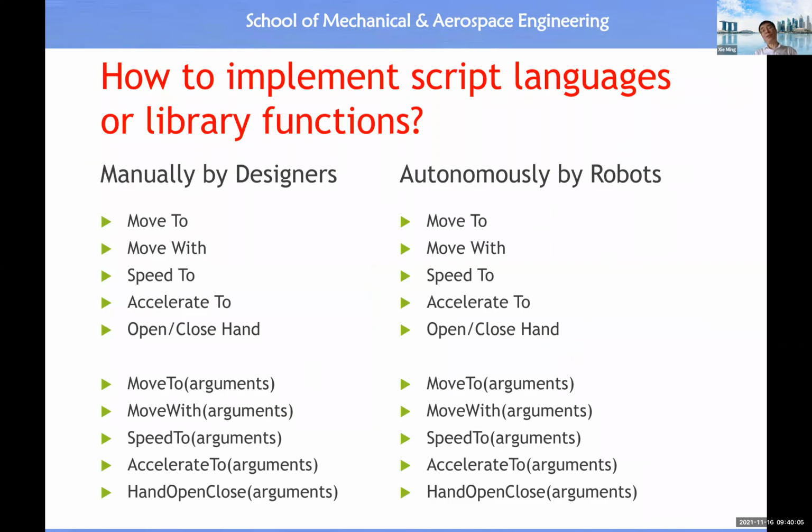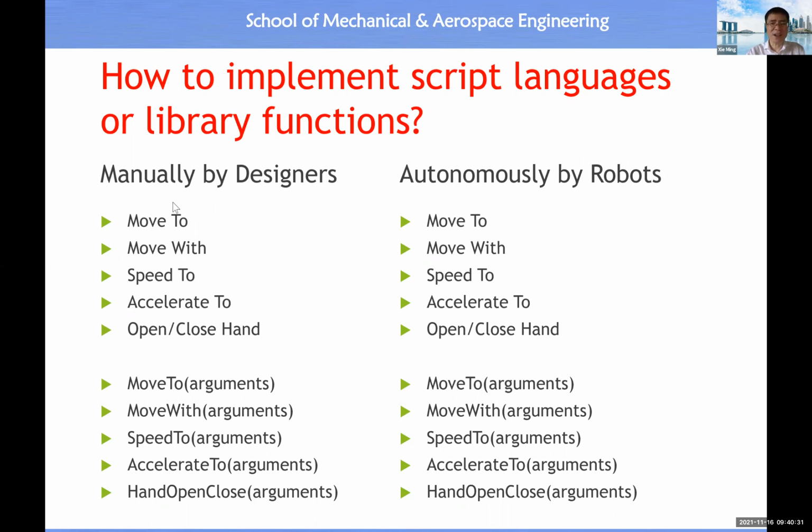Then come to this question: how to develop the script commands or library functions? The answer is that we have two versions. One is to manually design by the designer.